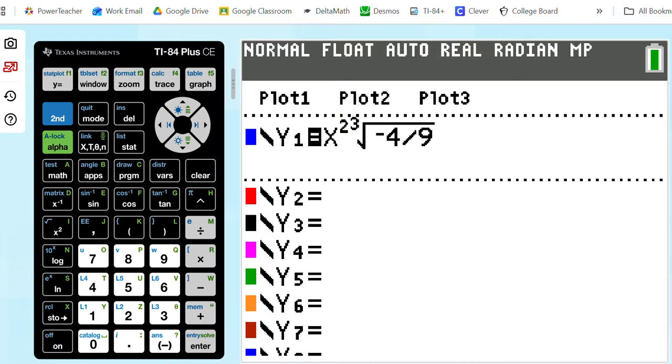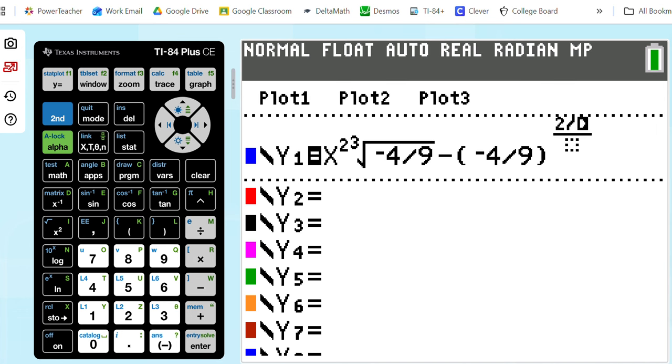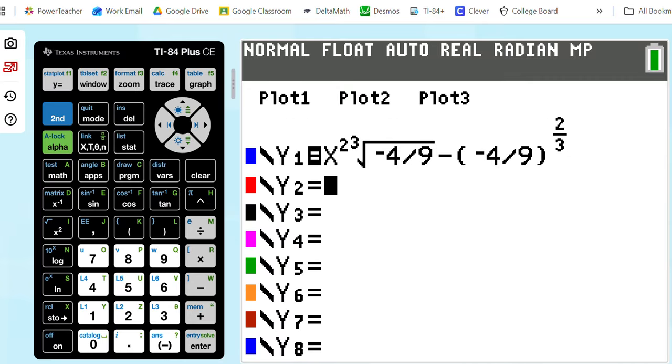And then we had minus negative 4/9 to the power of 2/3. So that was our first equation. And then our second equation was 3x times negative 4/9. So that'd just be negative 4x over 3, if we simplify that down.